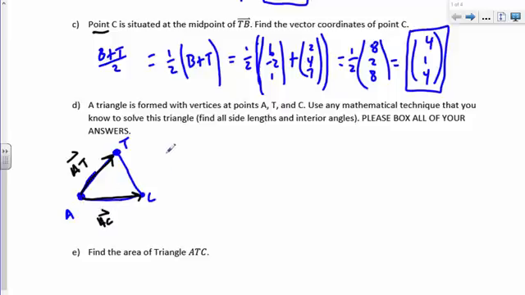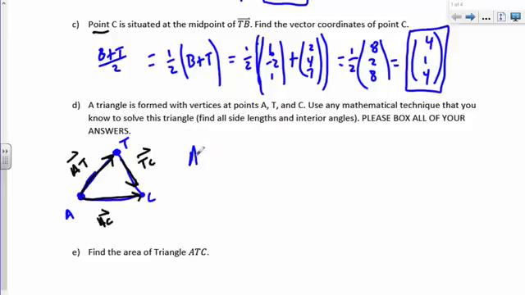So what I'm going to do is find the vectors AT and AC, find their magnitudes, and that'll give me these two lengths here. And then I'll also create a third vector here. It doesn't particularly matter which one it is. We can just call it TC. And once I find the magnitudes of all three of these vectors, I'll have all the side lengths. So let's do that.